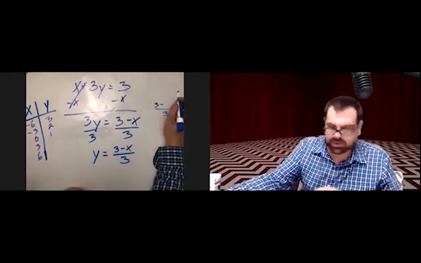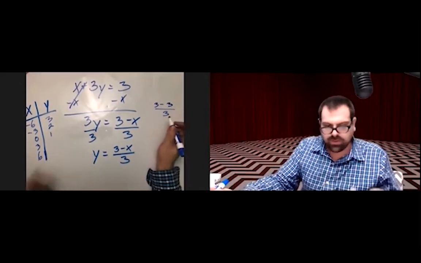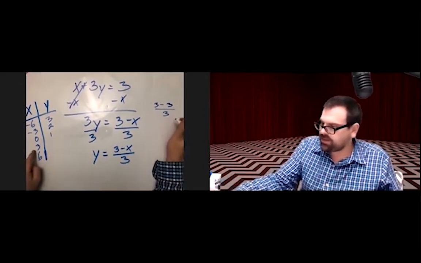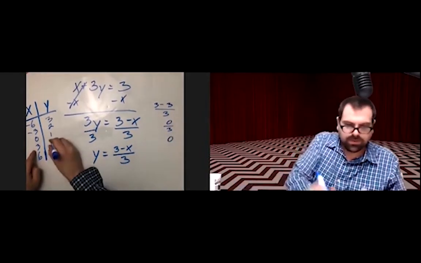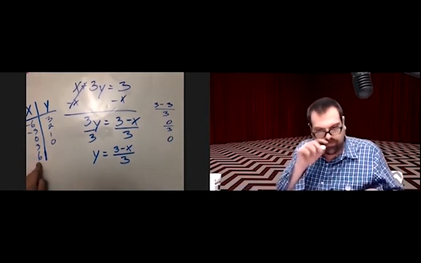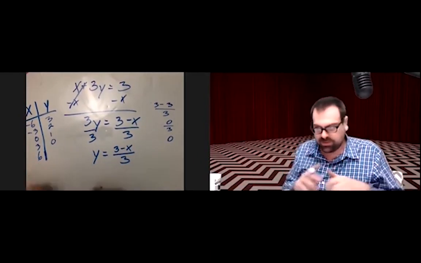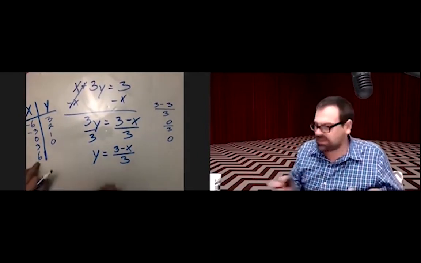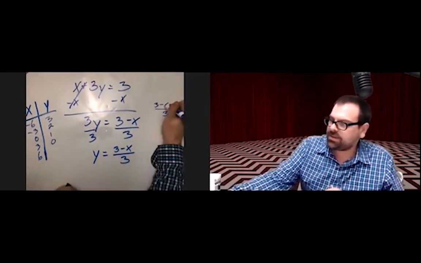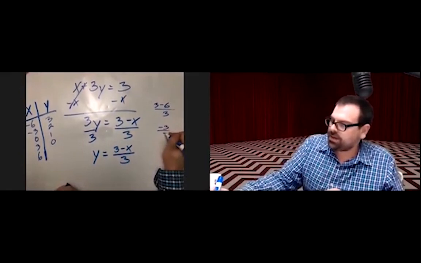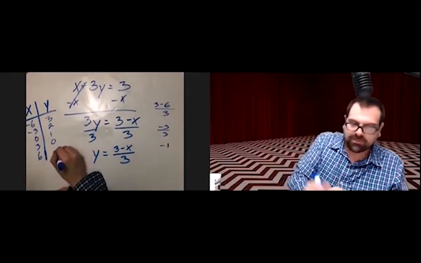If I put 3 in, 3 minus 3 is 0. 0 over 3 is 0. If I put 6 in, 3 minus 6 is -3. -3 over 3 is -1.